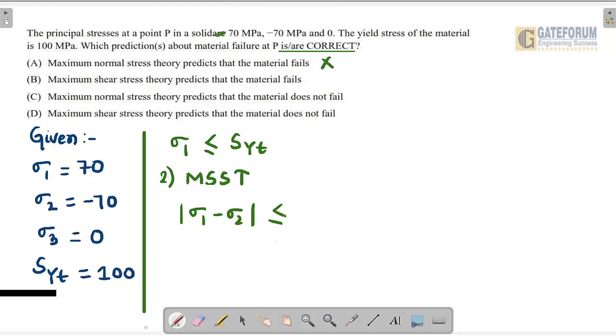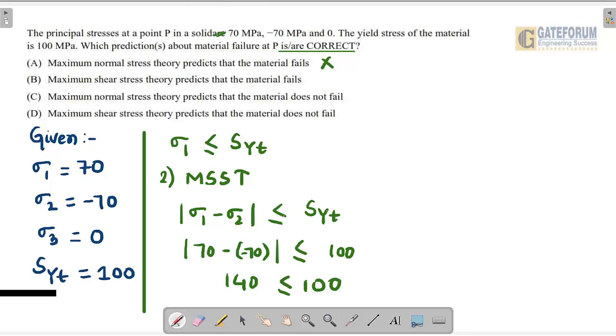So here we can write sigma 1 minus sigma 2, so it is 70 minus minus 70, which should be less than or equal to Syt, which is 100. Here it is 140, which is greater than 100.